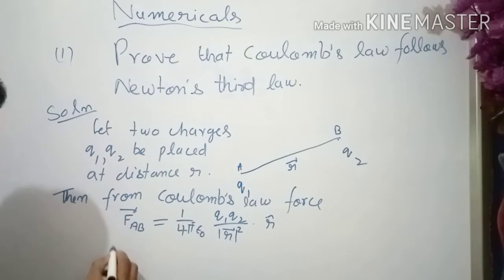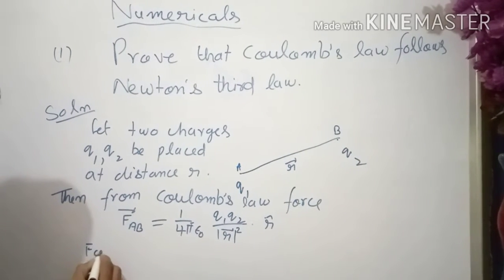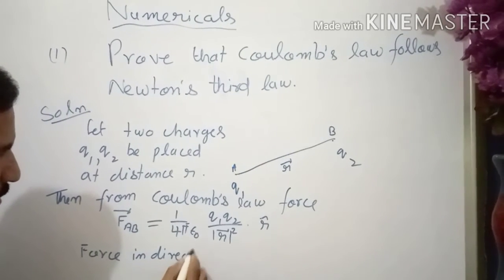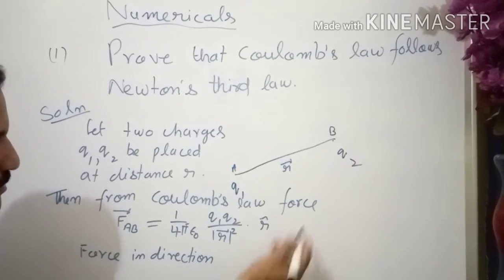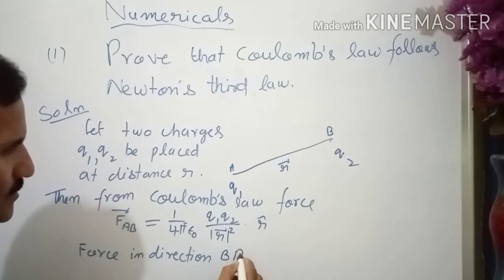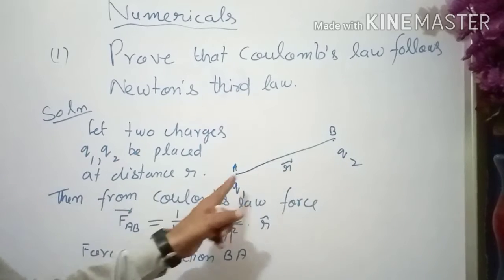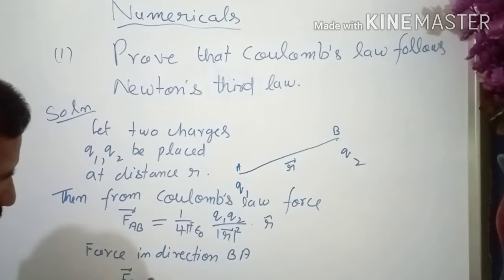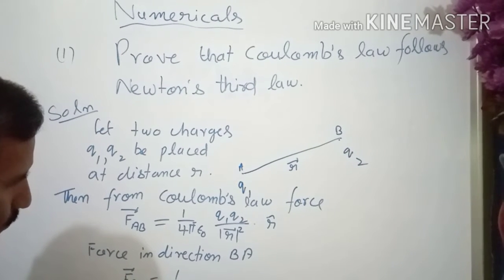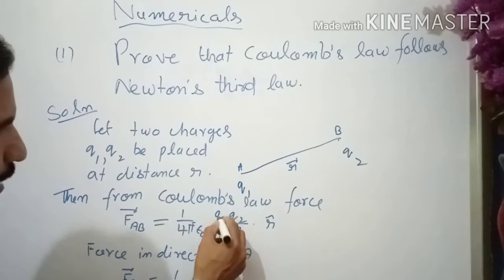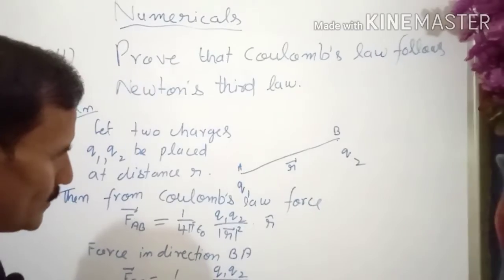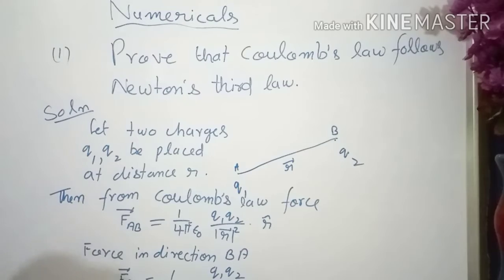Now if we take the force in direction BA, that will be FBA, equal to again 1 upon 4 pi epsilon naught, and Q1 Q2 will be the same. r is also the same because it is the magnitude of the vector, so it is scalar.